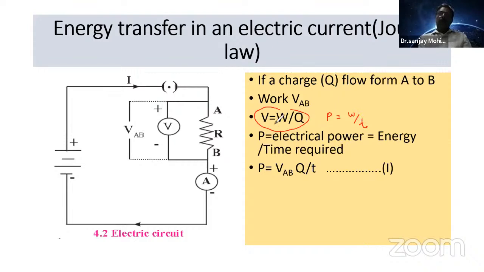So from this formula, if V is equal to W upon Q, then we can write V into Q is equal to W. So this W can be replaced by V into Q upon T. So we got another relation for the power: P is equal to V Q upon T. But we also know that I is equal to Q upon T, that is the current.